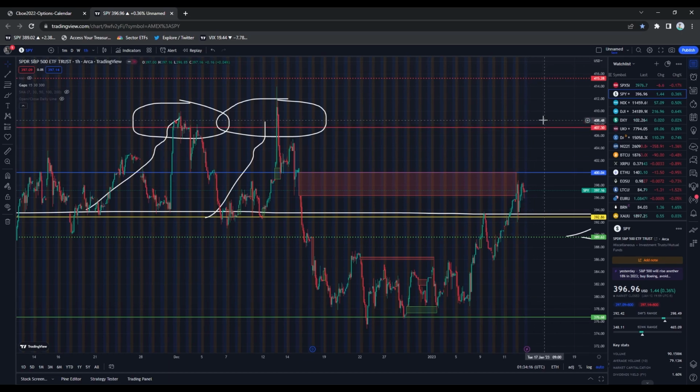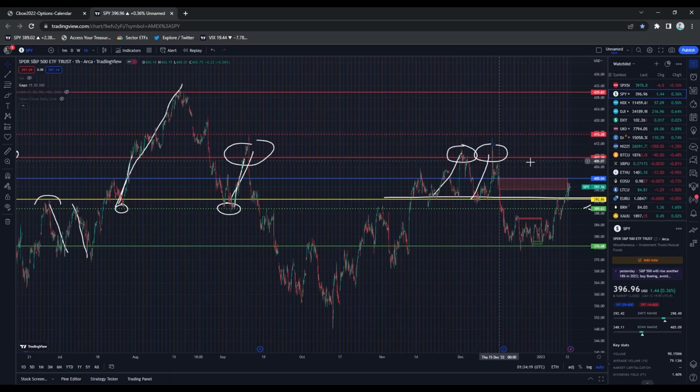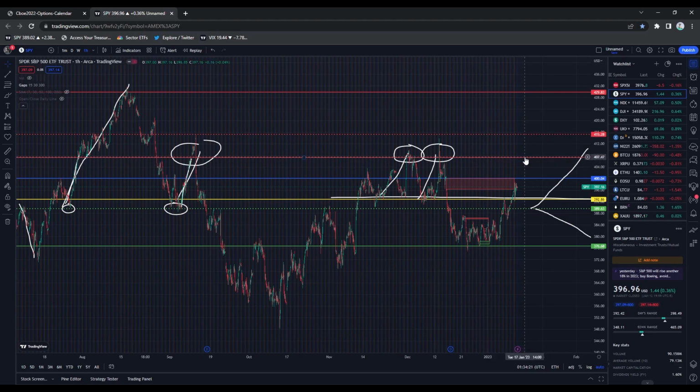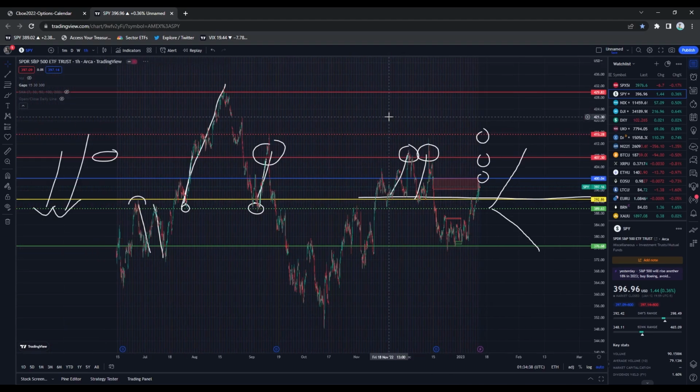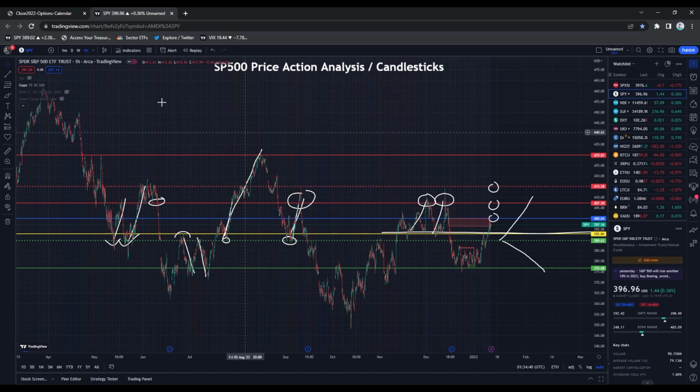This little zone right here is likely to act as resistance. If that level doesn't hold, you could see here that there's a quick spike up to 415. So 415 might trade, 407 might trade, or this level. I'm planning on scaling into puts at each one of these levels.